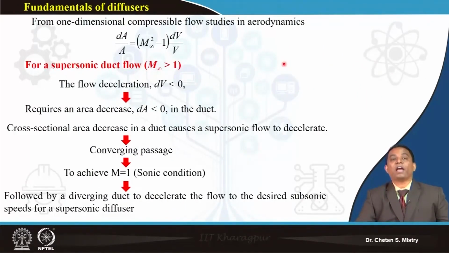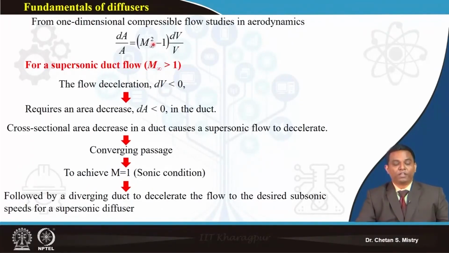When I have supersonic flow, similar in line to what we have discussed, my area ratio is (M squared minus 1) dV by V. Now for this supersonic flow, I am looking for diffusion to happen.